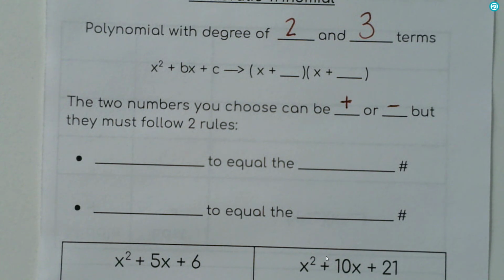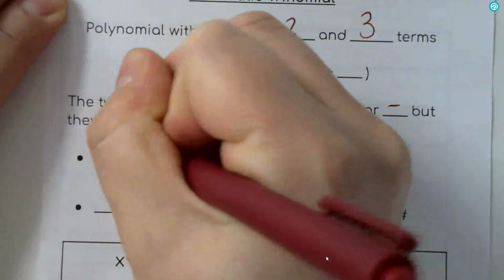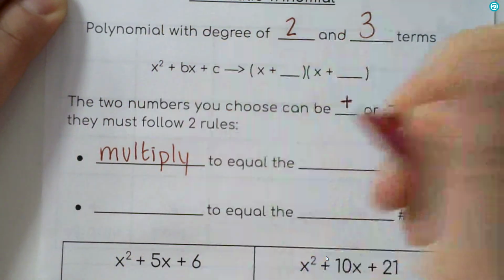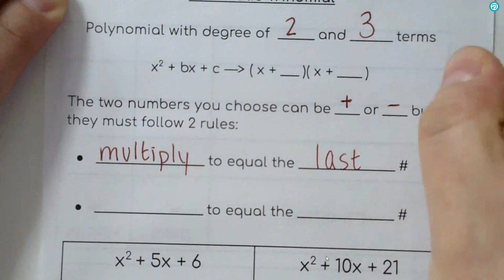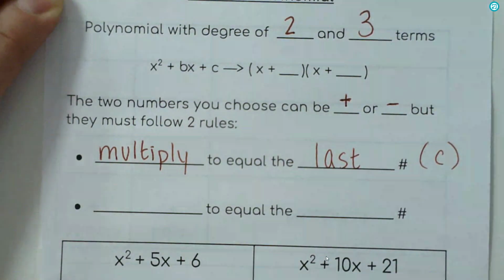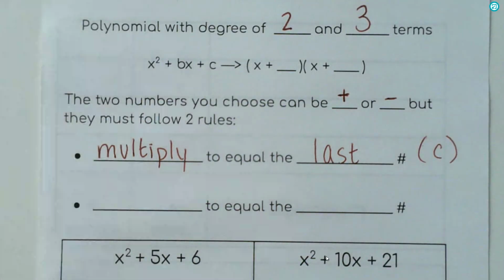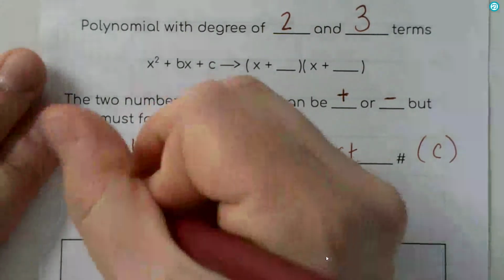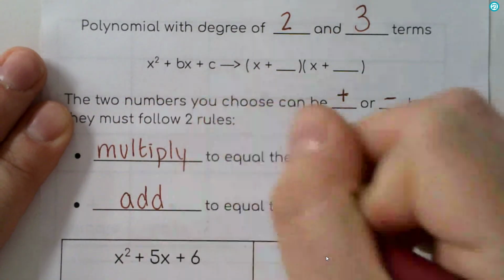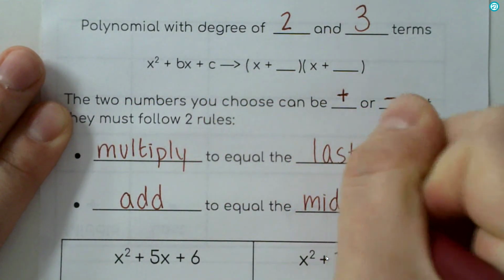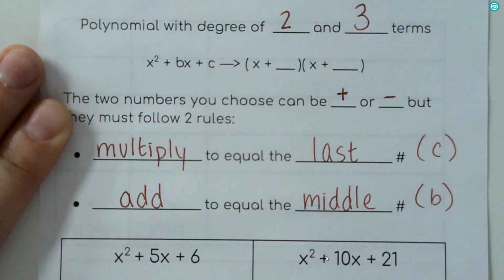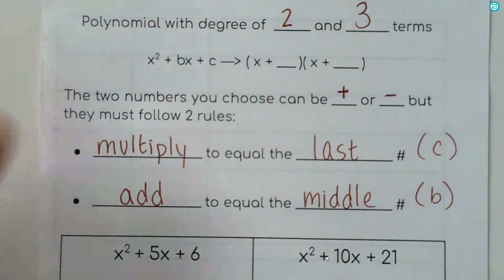Your two numbers have to multiply to equal the last number, and that would be C if you're using this ABC up here. And they have to add together to equal the middle number. So for us today, that is B. They have to multiply to equal the last and add to equal the middle.